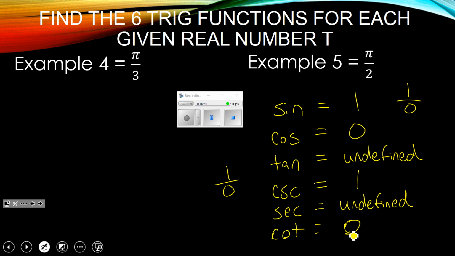Because if the tangent was 1 over 0, flip that, it would be 0 over 1. Does that make sense? And so you can't have a 0 in the numerator, so it would be 0. Sorry about that. Brain fart for like 2 seconds. Any questions about that? Everybody good? Yep. All right. Let's roll on.